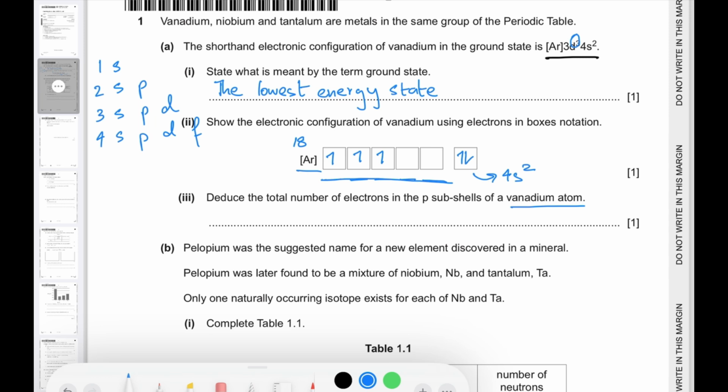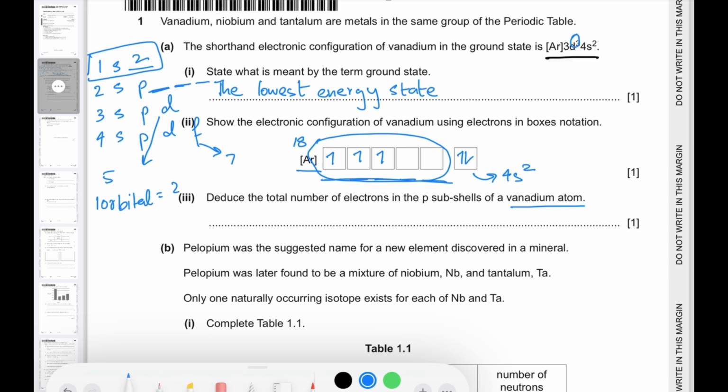Subshell s has 1 orbital. Subshell p has 3 orbitals. Subshell d has 5 orbitals. As you can see right here, subshell f has 7 orbitals. Since each orbital can carry 2 electrons, that means subshell s can carry 2 electrons.